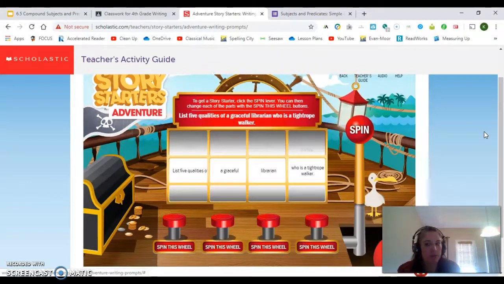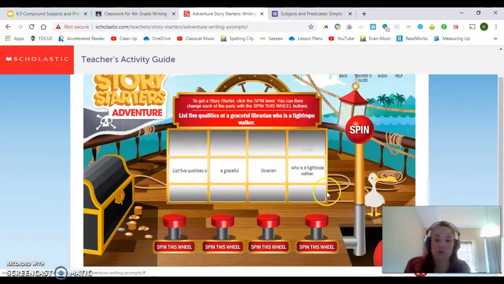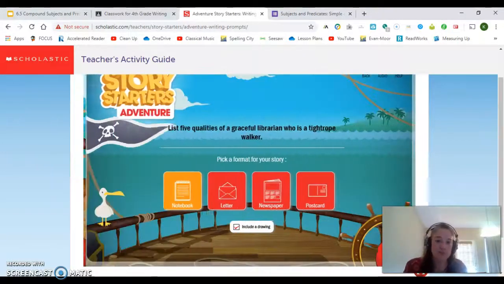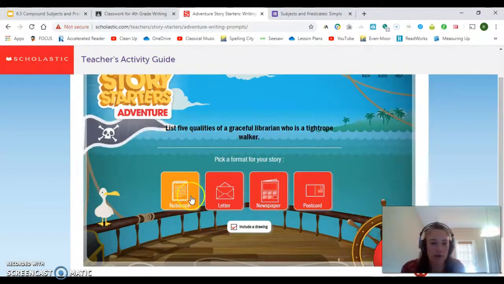So I'm going to write my story, an adventure story about a librarian. She's very graceful, and she walks on tight ropes. That's really weird. I click the next button. You can pick how you want to write it. Doesn't matter. I'm going to click notebook, and I'm going to click include a drawing because I like that idea.